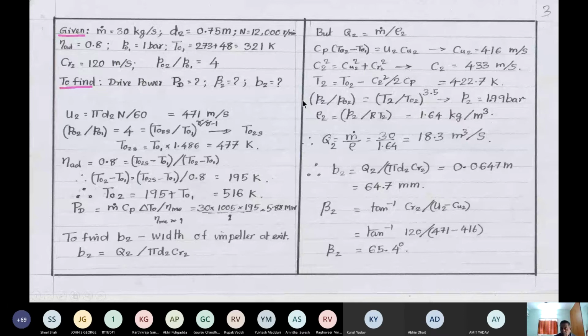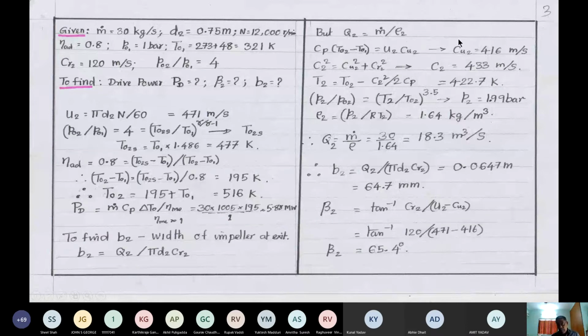Okay, now once you know C2, we can find out T2. That is the basic isentropic energy relationship, T0 is equal to T plus C square by 2 Cp. So we can find out the temperature T2. Remember, what we are going to do is to find out rho 2: we will find out P2 and T2, then we will use the perfect gas equation, P by rho equal to RT, and find out rho.